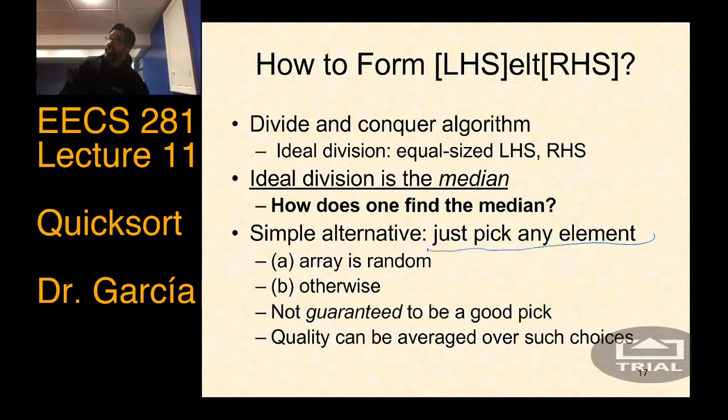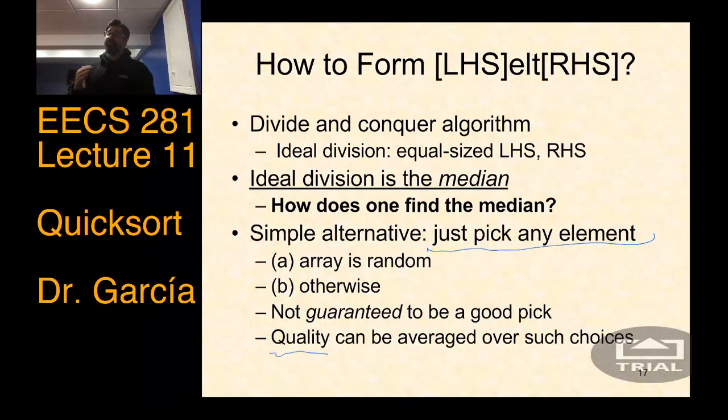Of course, because it's random, it's not guaranteed to be a good pick. So we'll talk about what happens when we don't have a good pick. In fact, we'll talk about the worst possible situation in terms of picking a bad pivot. But the thing is the quality of choosing this pivot matters.